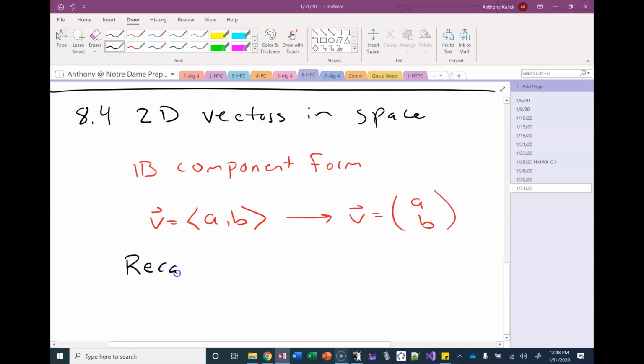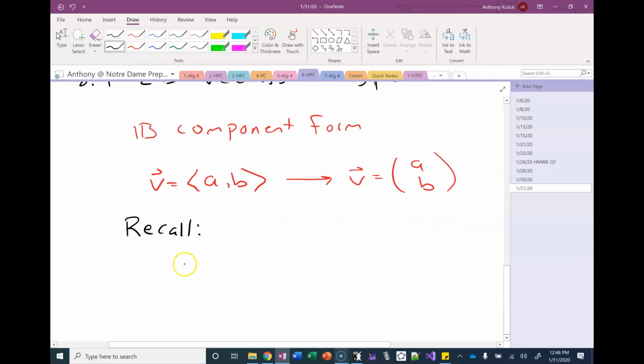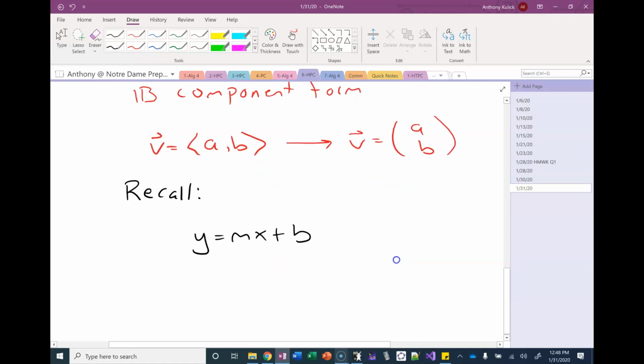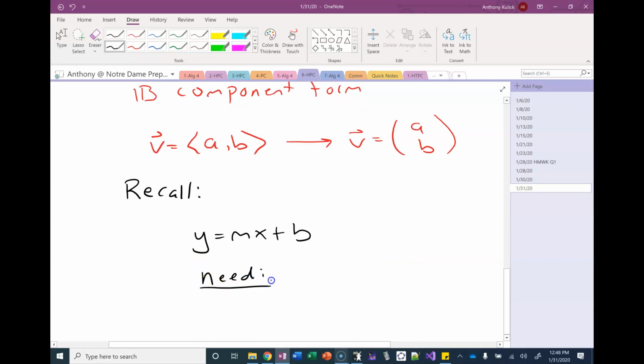So remember back to your Algebra 1 class, when we talked about writing equations for a line, what was the form for an equation for a line? Good. Y equals mx plus b. It's like the one thing from Algebra 1 that everybody remembers, right? If I asked you to write the equation for a line, what kind of information could I give you?